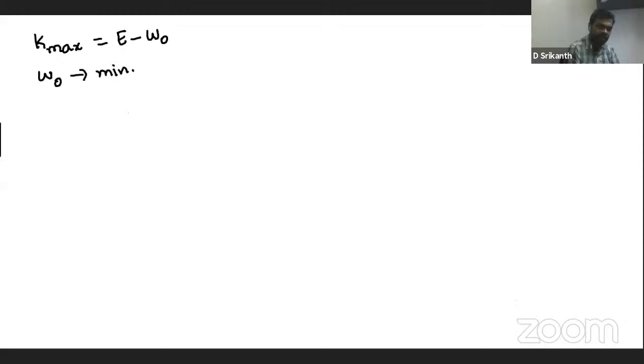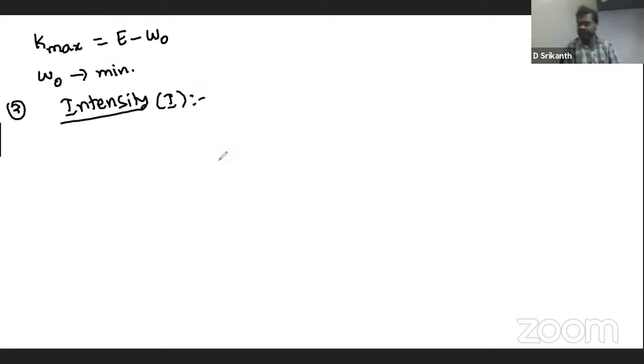That is number 1. And number 2 is the intensity. Intensity is defined as the amount of energy absorbed or emitted per unit area and per unit time.